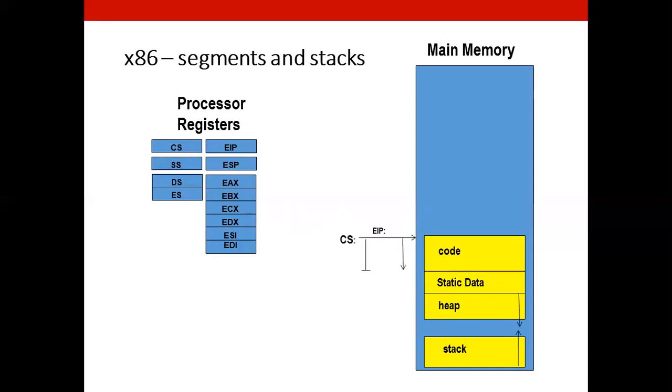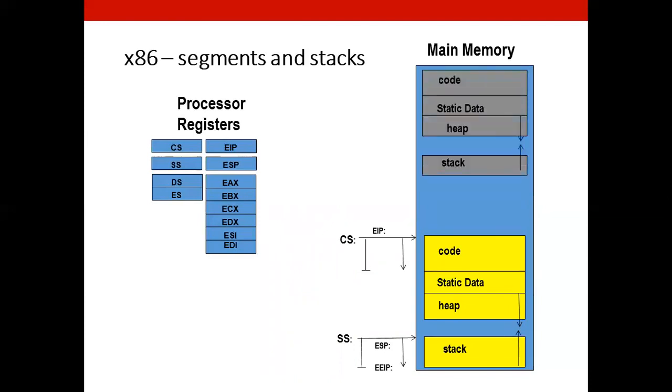We have the stack, the SS, the stack segment that is addressed by the ESP and EBP, right? And then we have DS, the data segment, and the extra segment, ES, and of course, all the rest of the registers that are used for a broad range of computation, okay?